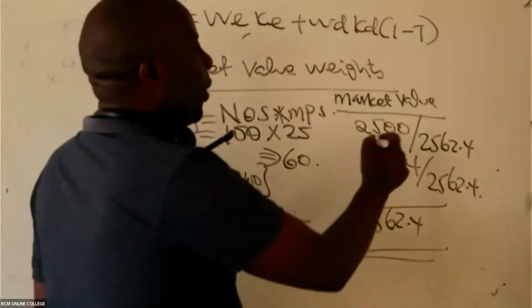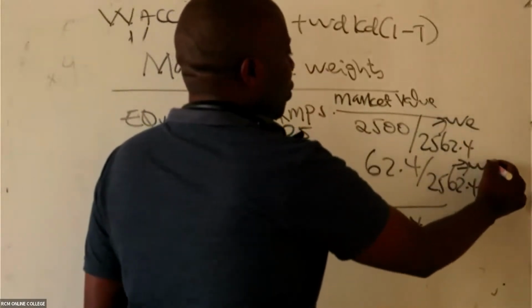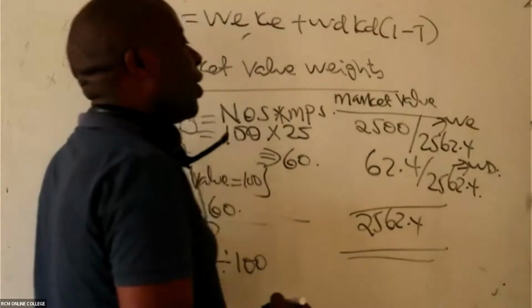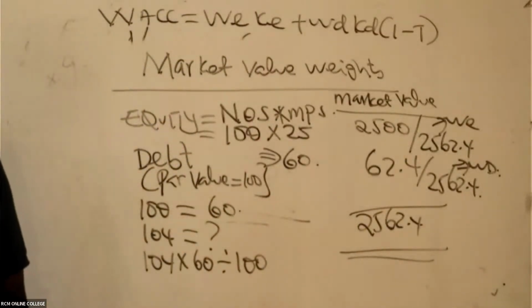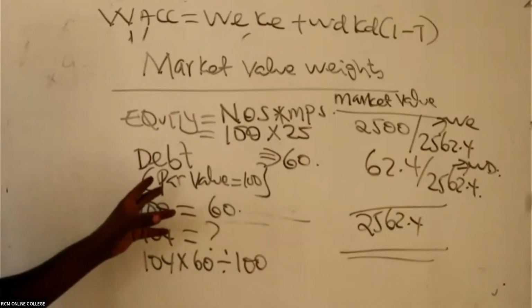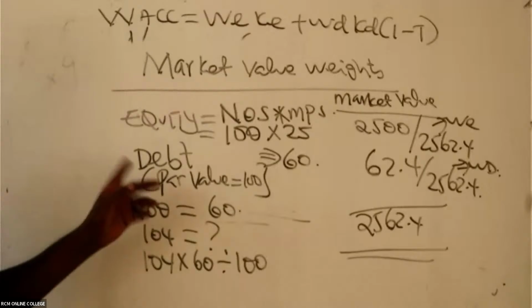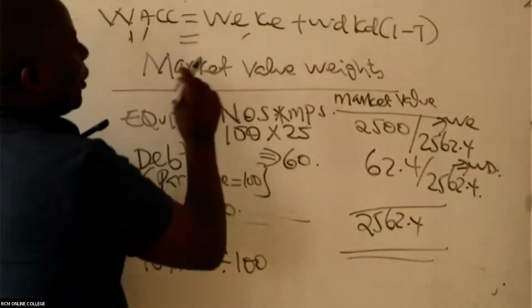These are now the weights. This is the weight of equity, and this is the weight of debt. I'm going to repeat this because I know it's a problem to many students, but before I repeat it, please come and substitute here. Do we have the weight of equity?